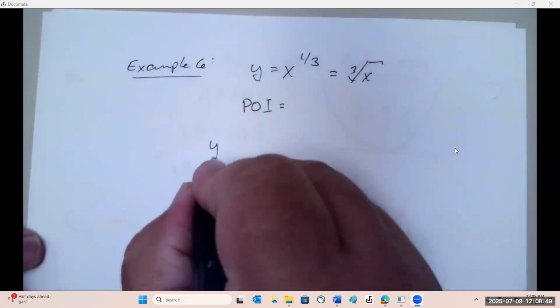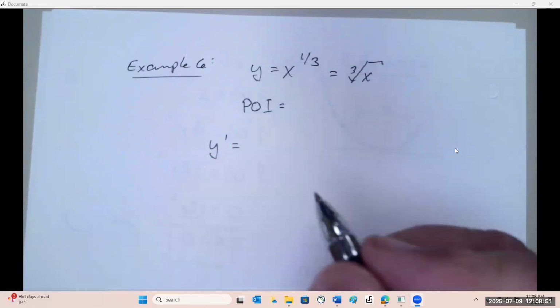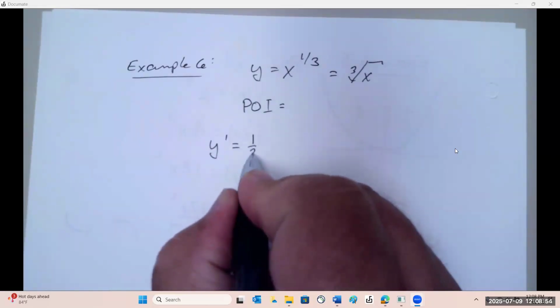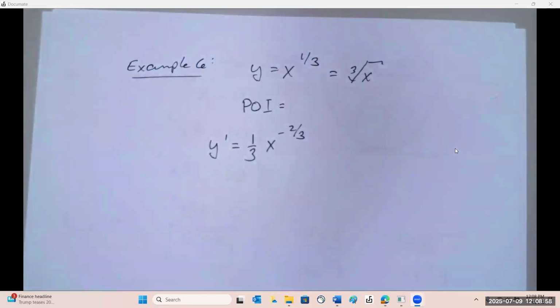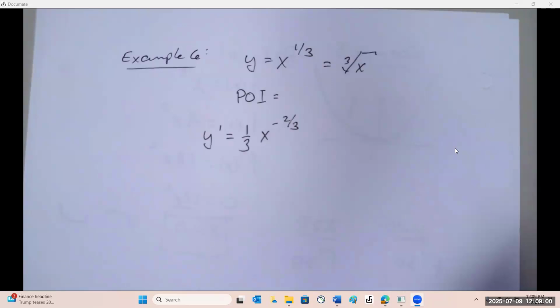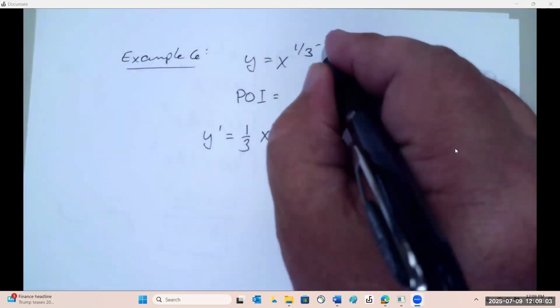So the first derivative will give us what? Remember, we subtract 1, which is subtract 3 over 3.